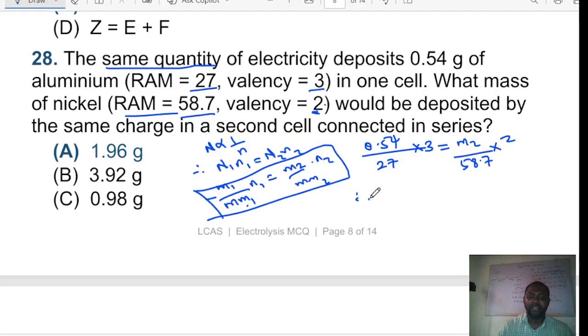So you can make the mass the subject of the formula. That means M2, by cross multiplication, is going to be 0.54 times 3 times 58.7 divided by 27 times 2.